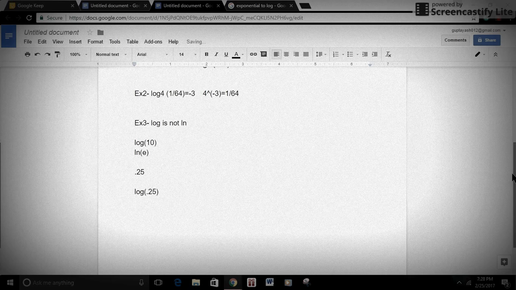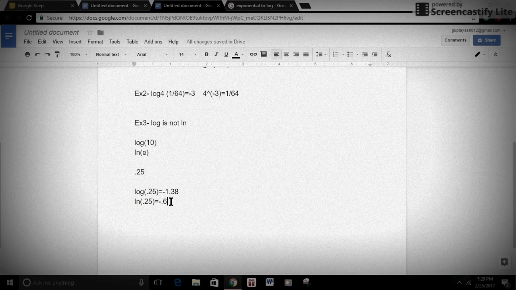So, hold on. It's the log of 0.25, which is the same log base, the base subscript 10 of 0.25, which is equal to about negative 1.38, whereas ln of 0.25, well, remember, the subscript is e, so a different answer, obviously, which is going to be about negative 0.6.